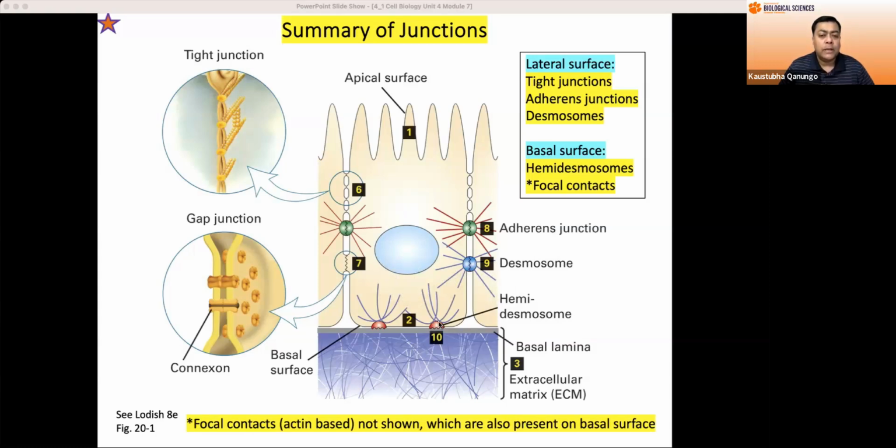And in between the matrix, which is the basal lamina, and the basal surface of the cell, you have the hemidesmosomes. So these are all your anchoring junctions: the hemidesmosomes, desmosomes, and adherens junction. And if there is a cell which is motile, you will have focal contacts instead of these adhesion belts.